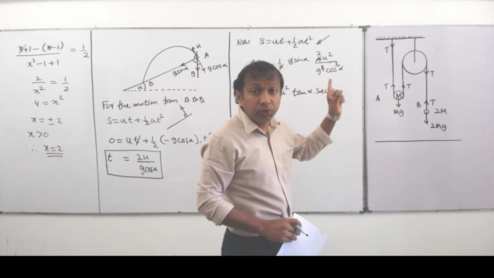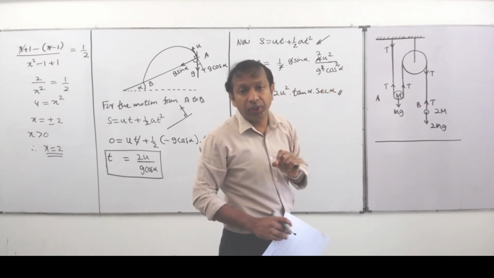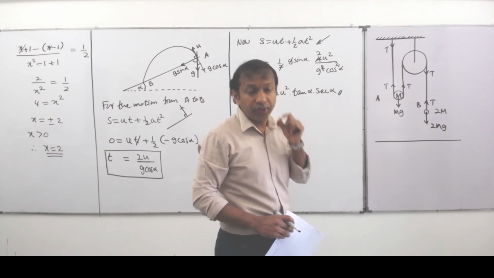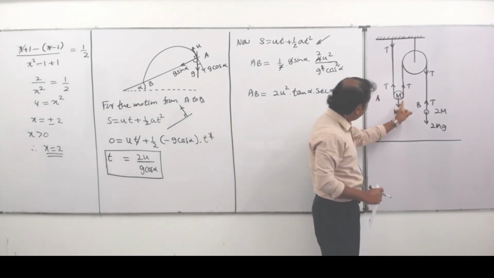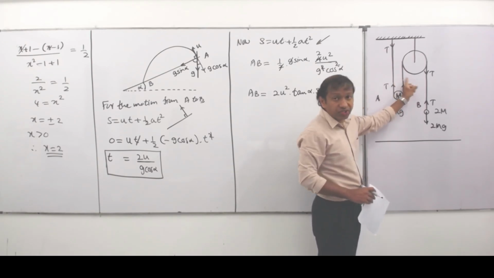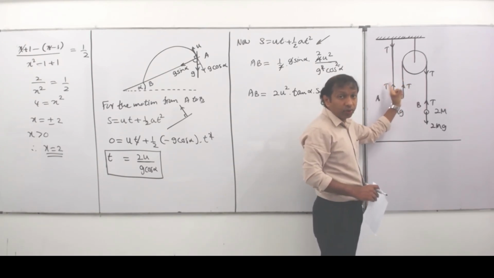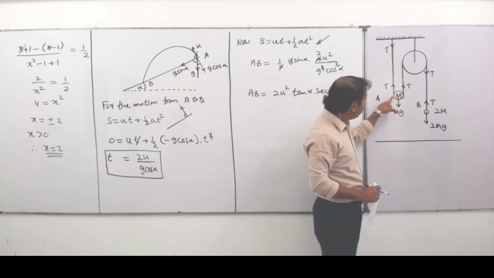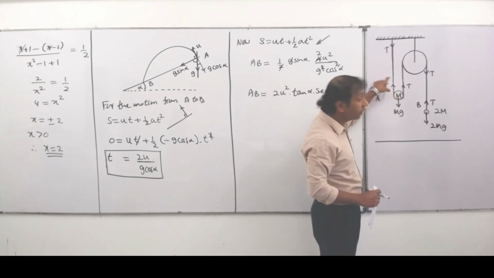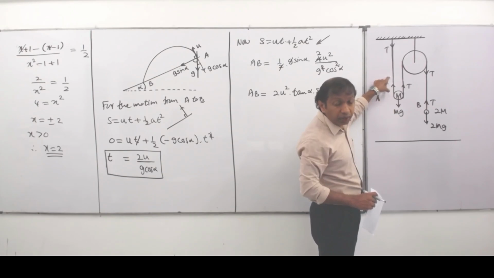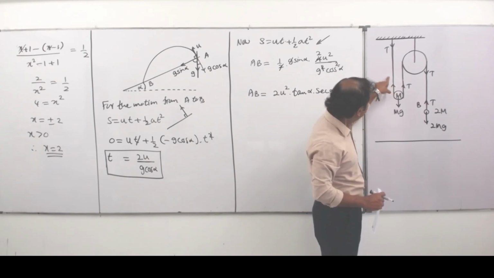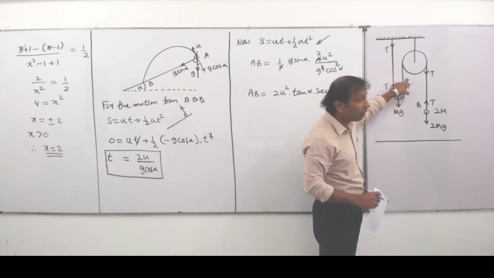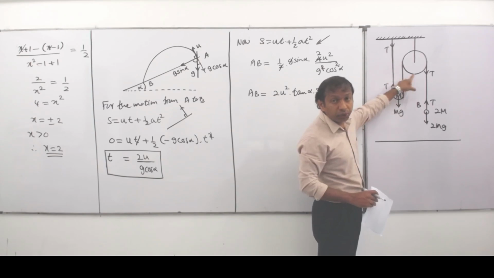Then A moves upwards, during the same time interval, half of that. The reason is that there are two portions of string on either side of particle A. So once particle A goes upwards by 1 meter, this portion should have 1 meter and this portion should have 1 meter, totally 2 meters.